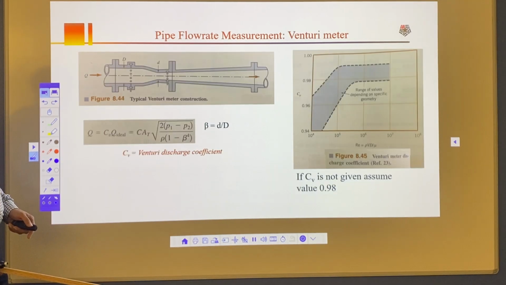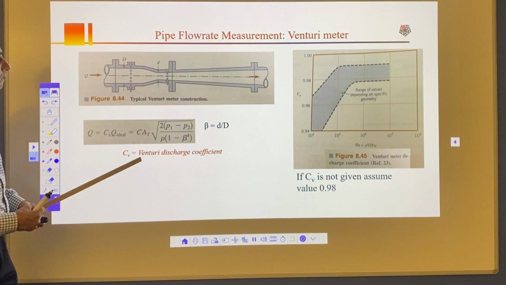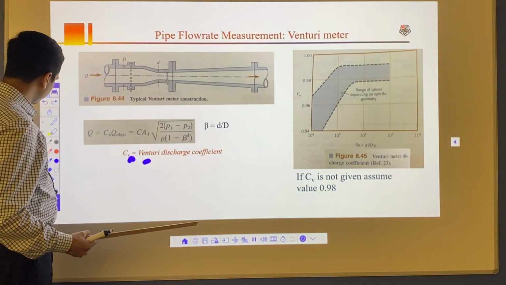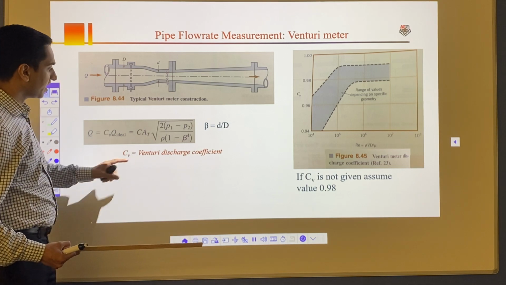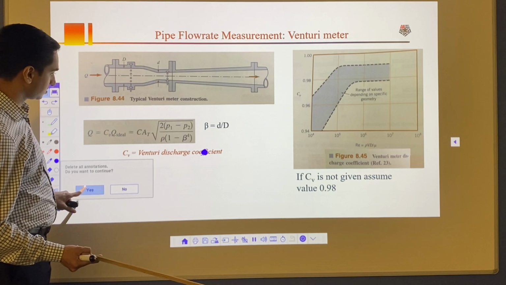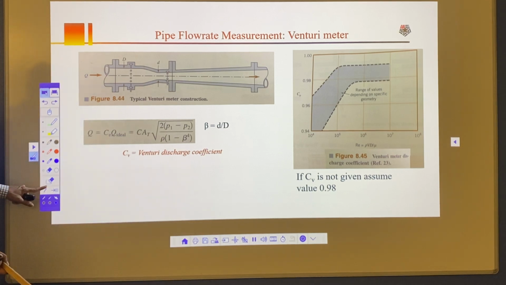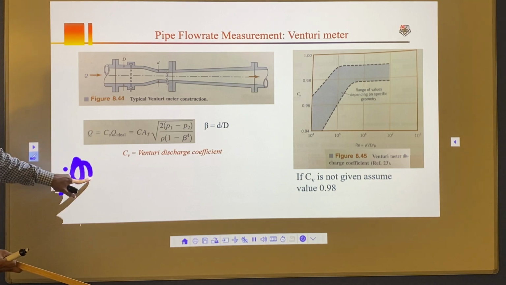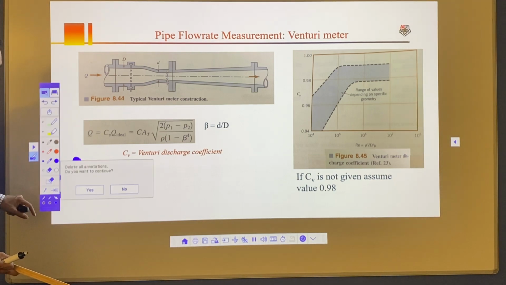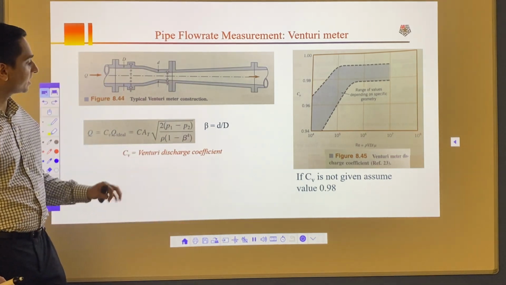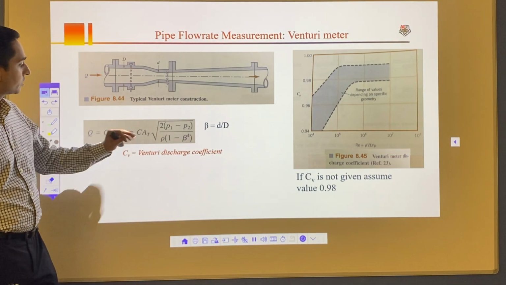And then you have the Venturi meter. For the Venturi meter the equation stays the same, you use CV, the Venturi discharge coefficient. Now you use the Venturi discharge coefficient, and then you can solve the problem.